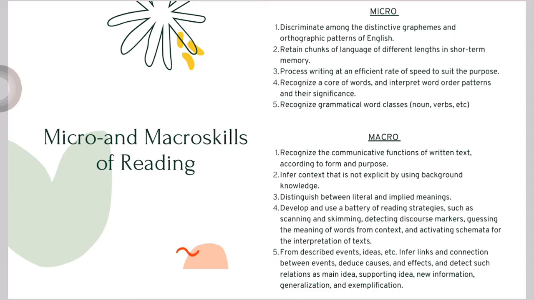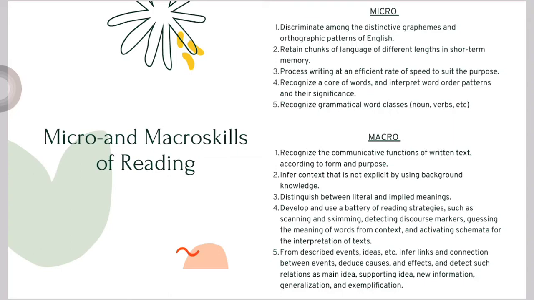For macro skills, the first one is recognizing the communicative function of written text according to form and purpose. The second is inferring context that is not explicit by using background knowledge. The third is distinguishing between literal and implied meaning. The fourth is developing and using a battery of reading strategies such as scanning and skimming, detecting discourse markers, guessing the meaning of words from context, and activating schemata for the interpretation of text.